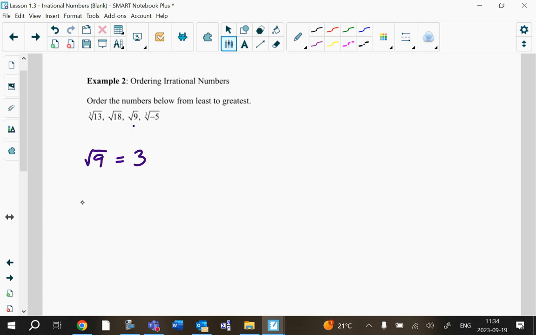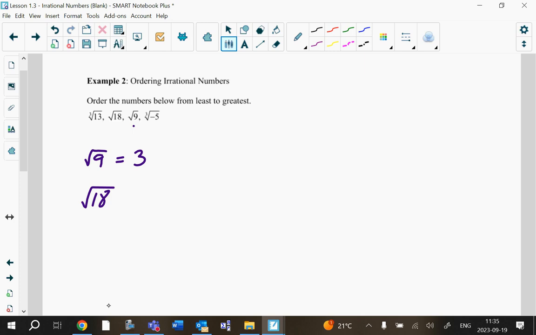Well, we can't take it exactly, can we? Don't use a calculator, because we want to approximate it. Yes, it would be between 4 and 5, or 4 point something. That's all we need. We don't need the exact answer.